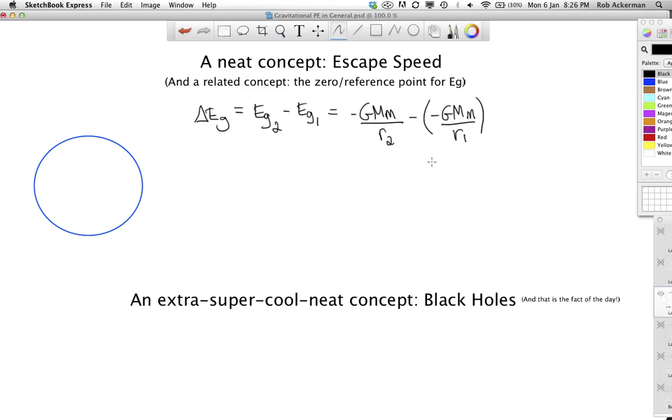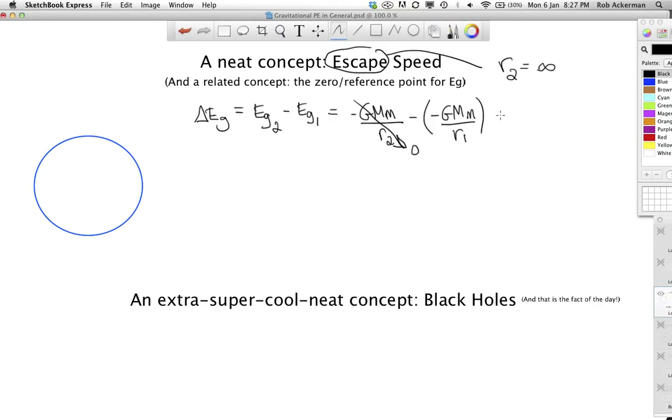And as we just discussed a moment ago, the idea of escape means that R2 is going to equal infinity. So what does that mean for this part of the formula? Well, the denominator is going to be huge, and therefore negative some number over a huge number is going to make all of this equal to 0.